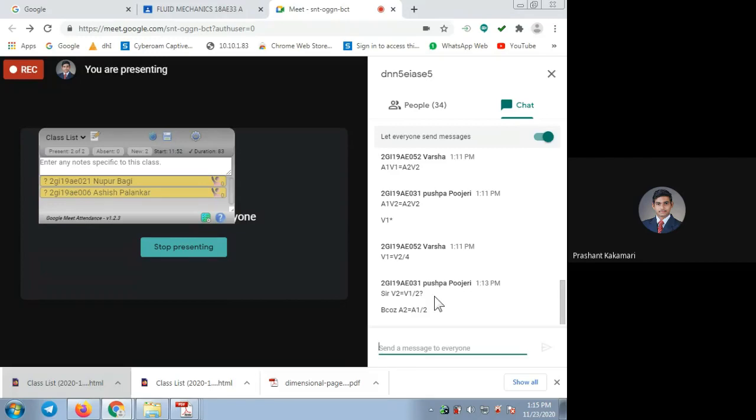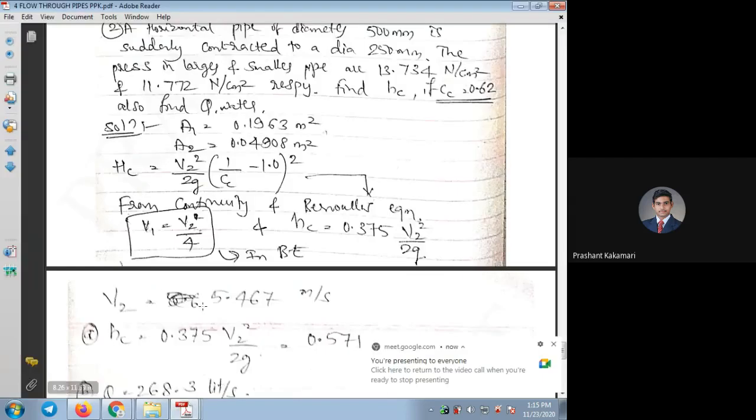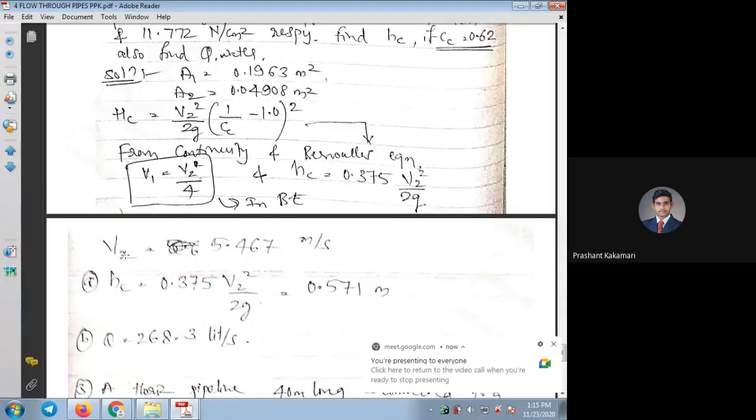You can relate, but tell me the answer. How much is velocity V1 or V2 you are getting? If it is around this value, then your procedure is correct. Velocity at 2, we are getting around 5.467 meters per second. From this, you can find V1.